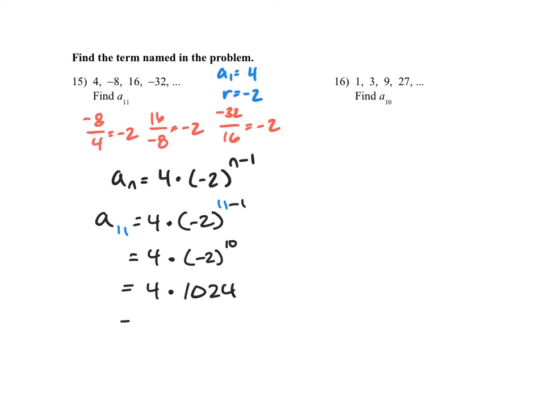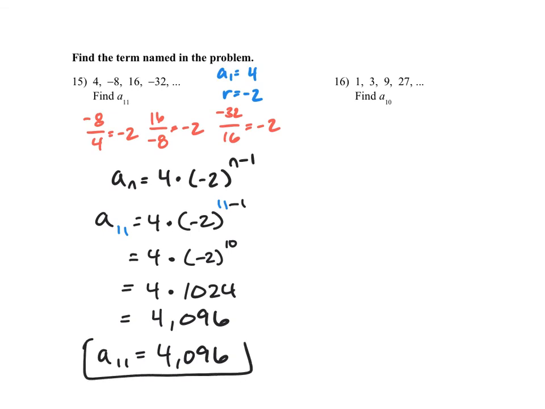And then what do you get when you multiply those? 4,096. So A sub 11 is 4,096 for this geometric sequence. All right, questions? All right, I'm going to give you another minute right now to work on 16.